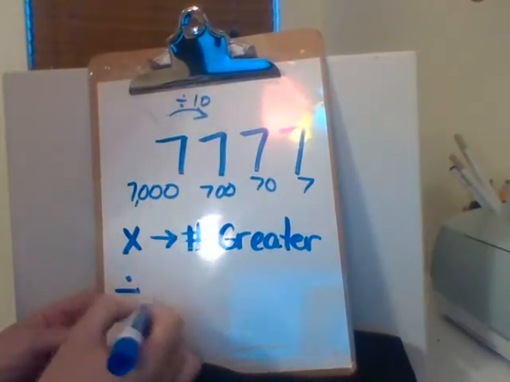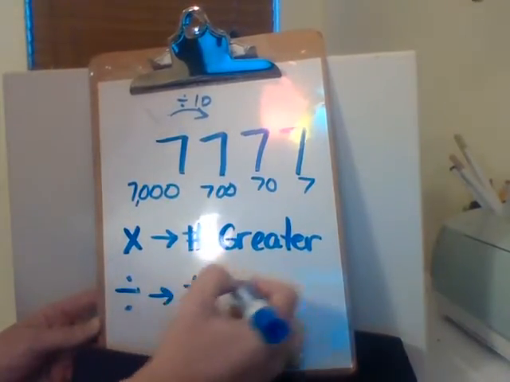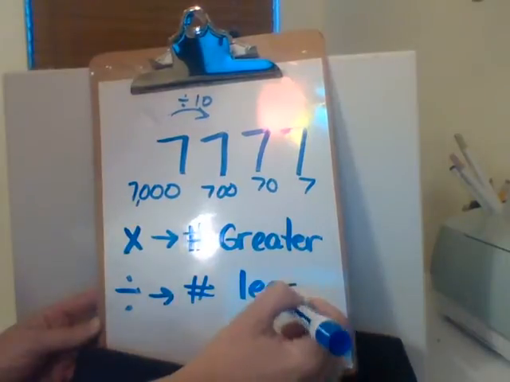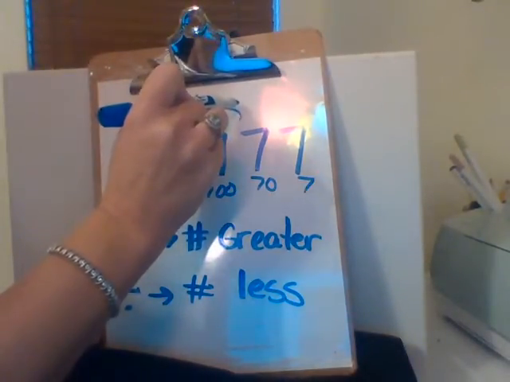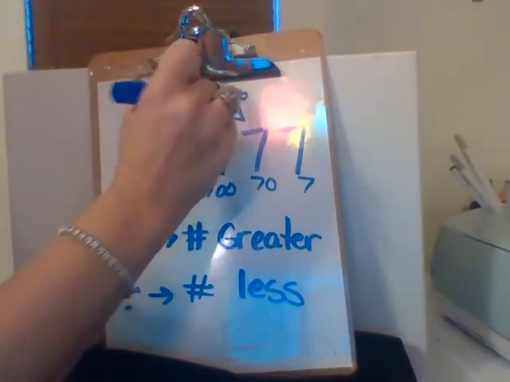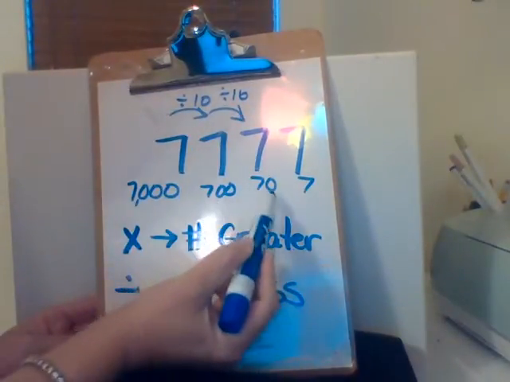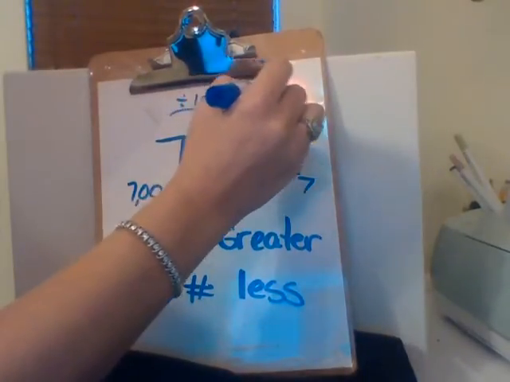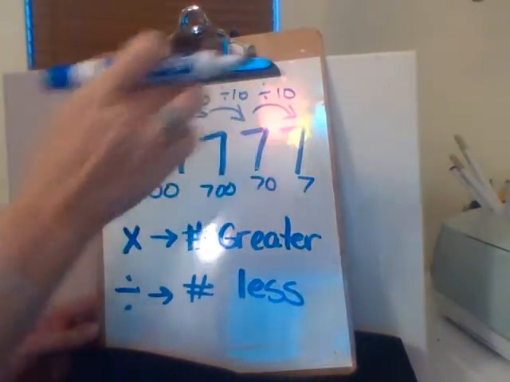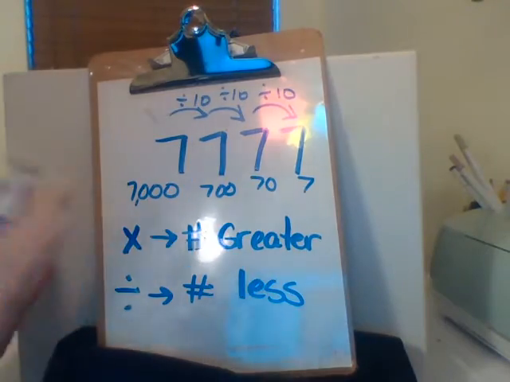When we divide, the numbers get less or lesser. So you're dividing by 10 each time. 700 divided by 10 is 70. 70 divided by 10 is 7. So that is the 10 times greater concept in this example.